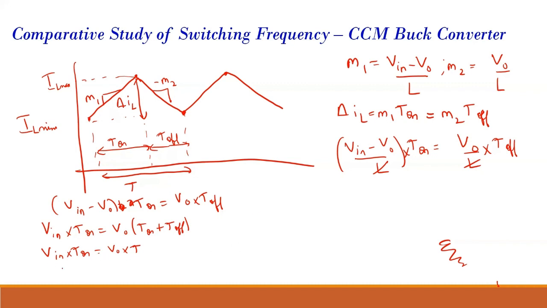So you get Vin into T on is equal to Vout upon your switching frequency. So your switching frequency is equal to Vout upon Vin into 1 upon T on. So when your on time T on is fixed, your switching frequency depends on your output voltage and your input voltage.